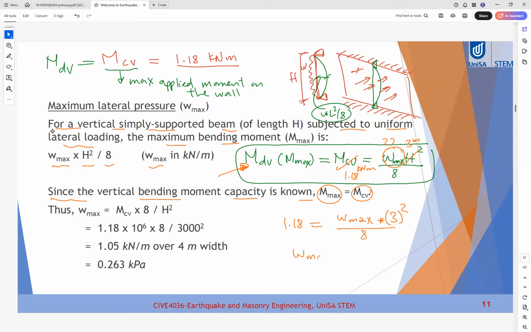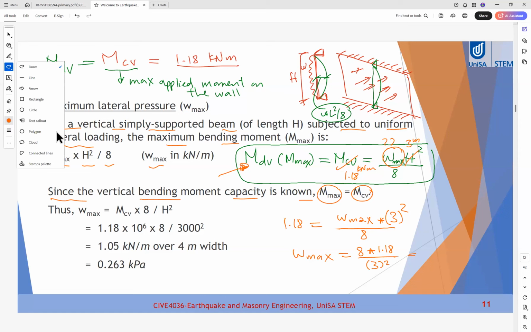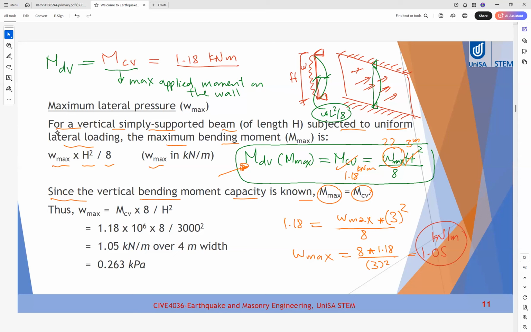So W max will be equal to 8 times 1.18 over 3 squared, which gives us a value of 1.05 kilonewton per meter. So this is the value in kilonewton per meter, but for W here, we need W max. Is it over meter or should it be over meter squared?